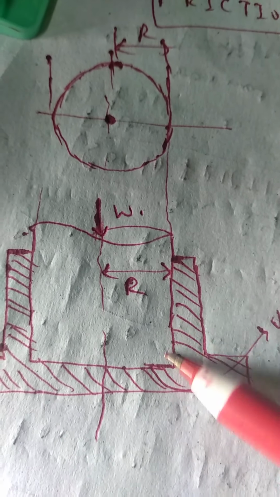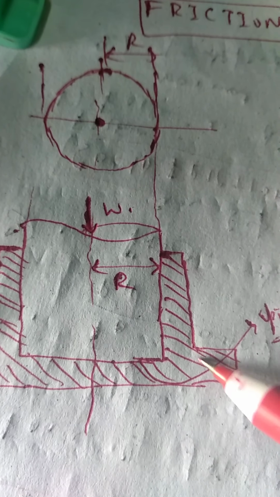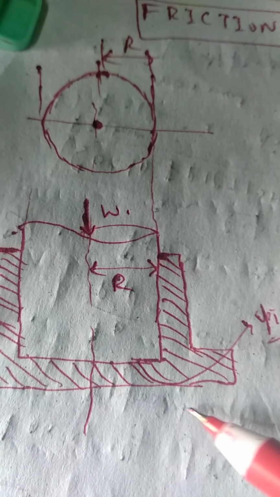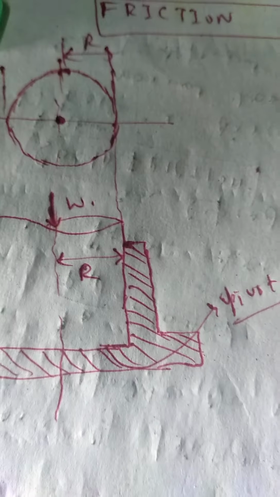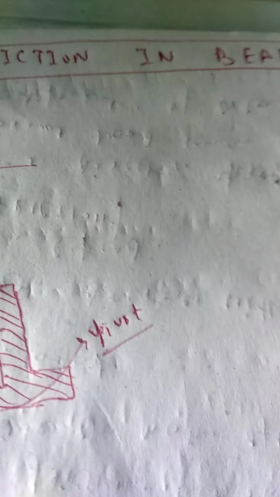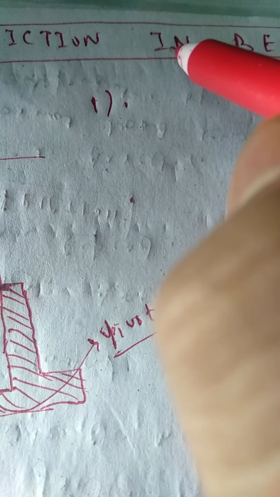You understood? When we derive the expression for the friction in bearings, we will take certain assumptions. The assumption, which is very important, is that the pressure is uniformly distributed throughout the bearing surface.